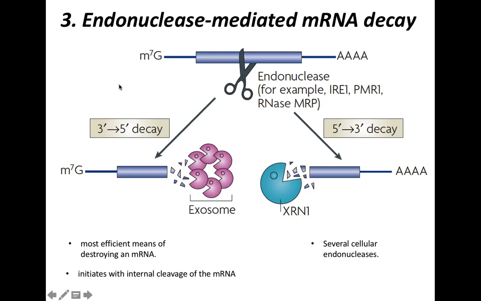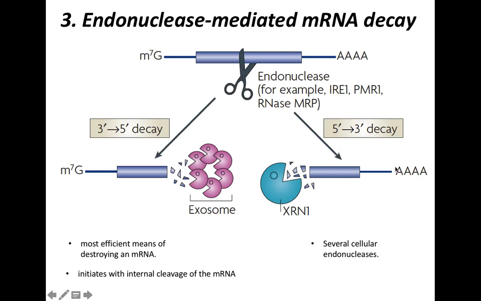On the other hand, we have previously discussed that when the DCP1, DCP2 complex removes the cap, this is followed by the recruitment of XRN1 to the 5' end of the mRNA molecule. XRN1, the exoribonuclease 1, starts destroying the mRNA molecule at the 5' end, proceeding in the 5' to 3' direction.